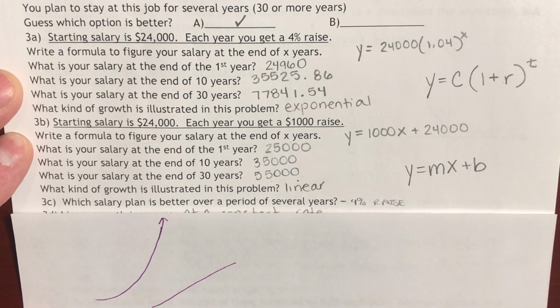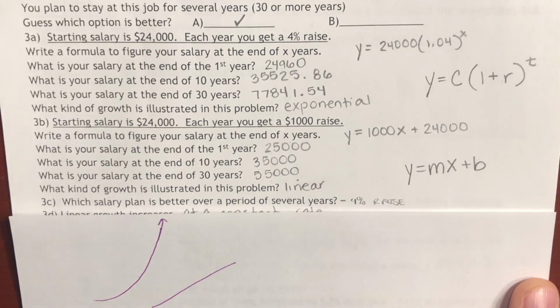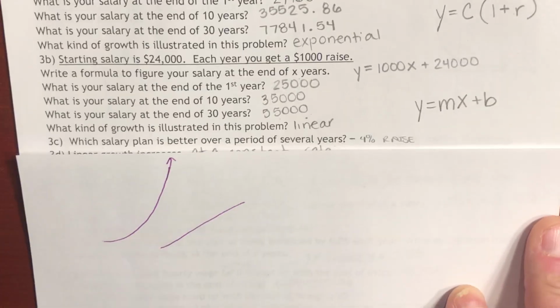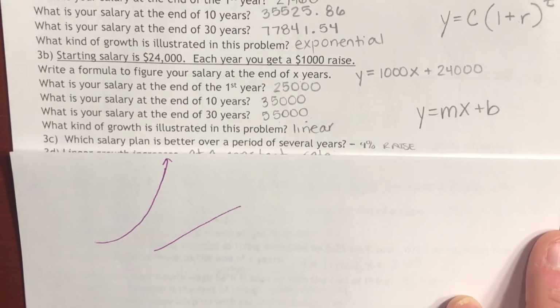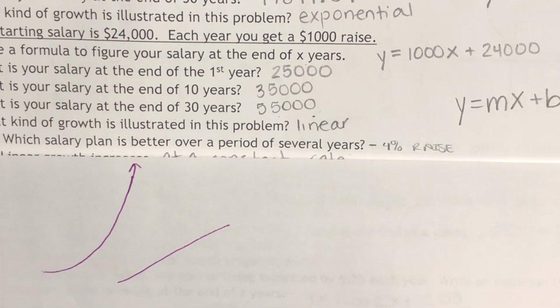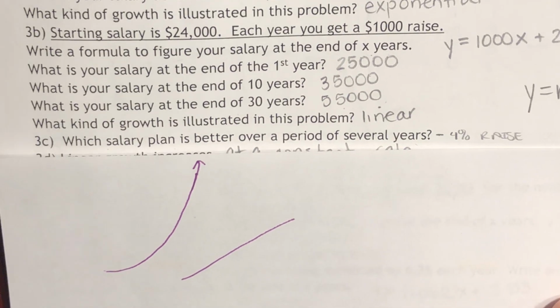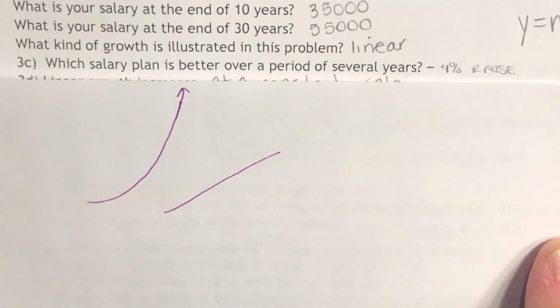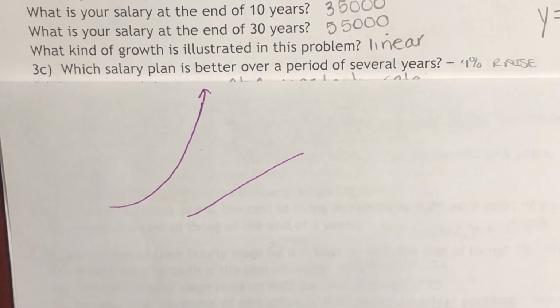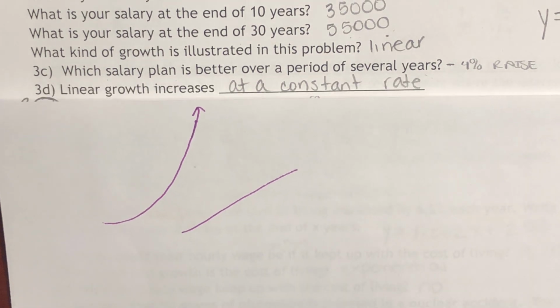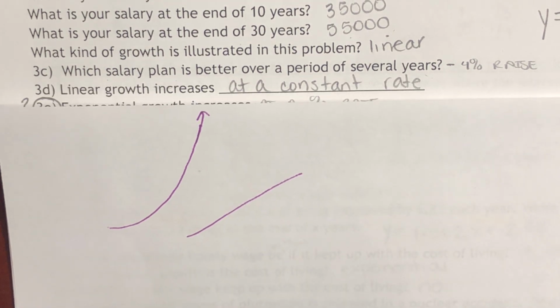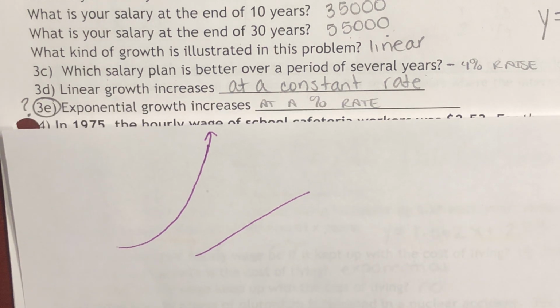All right? So it is going to now ask us several different questions here. I'll zoom in a little bit. Which salary plan is better? Obviously, having a 4% raise. Linear growth increases at a constant rate.